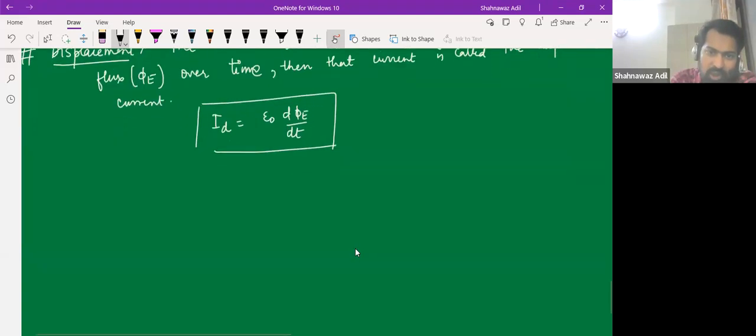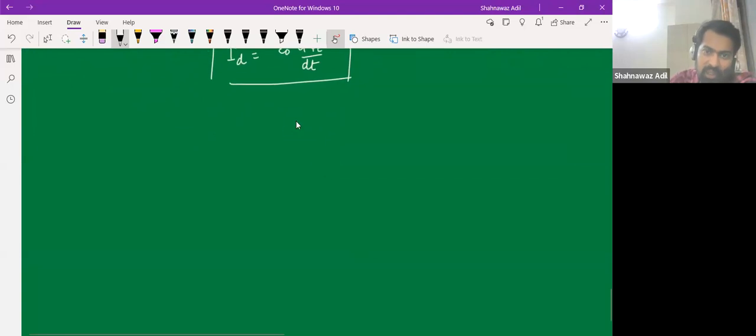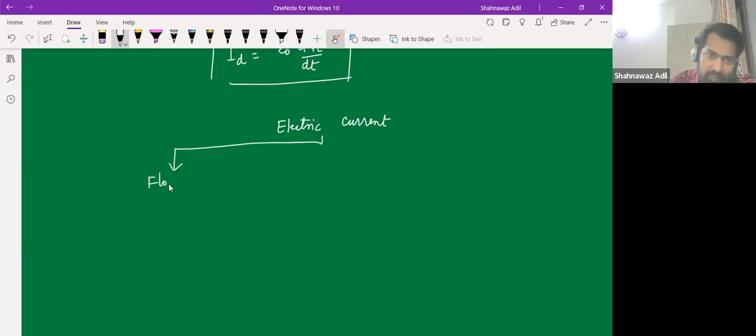So now we saw that there are two kinds of electric current. One is due to the flow of charge, and that we call the conduction current.